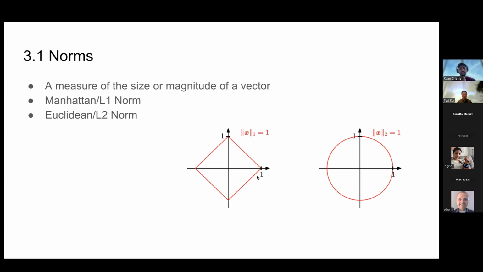This whole square is 1 unit away from the origin. Then we also have the Euclidean or L2 norm, shown as this circle, which is sort of a straight line through the space, in contrast to the Manhattan norm.